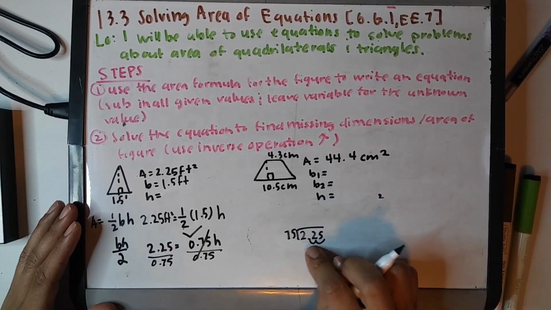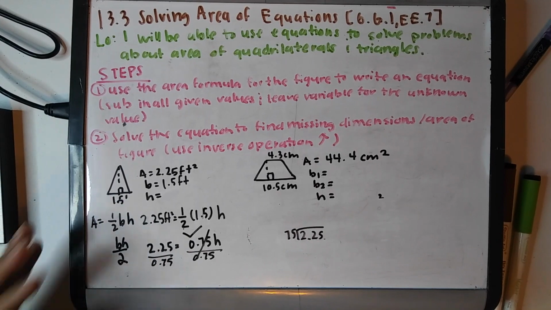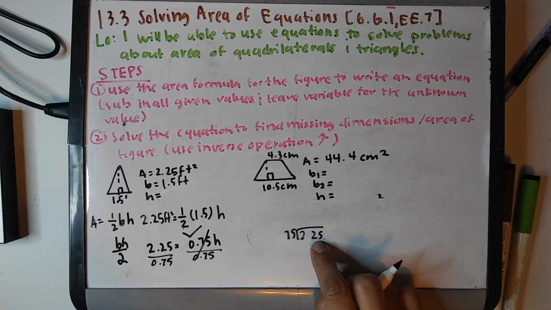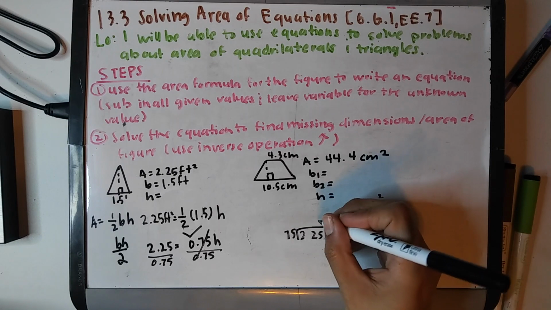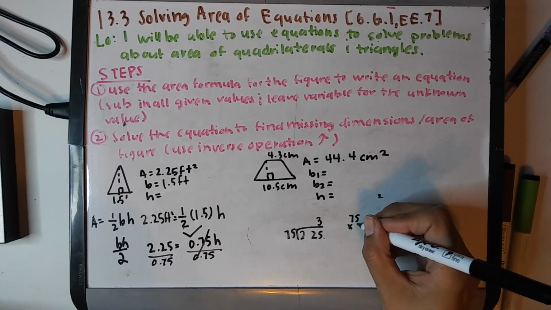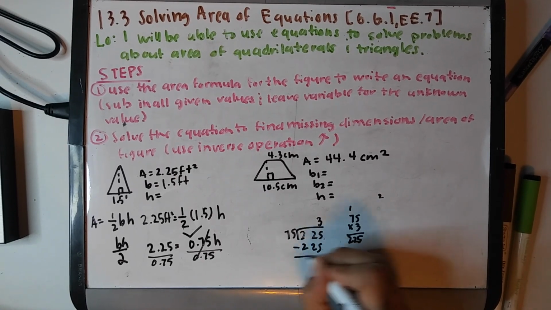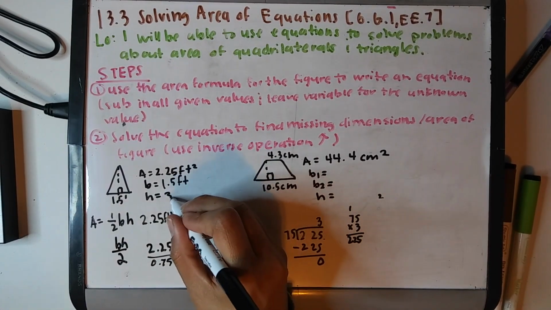So then you end up with that. How many times is 75 going into 2.25? None. 22, no. And then 225, that will be exactly 3 times. And so my height on this one is 3 feet.